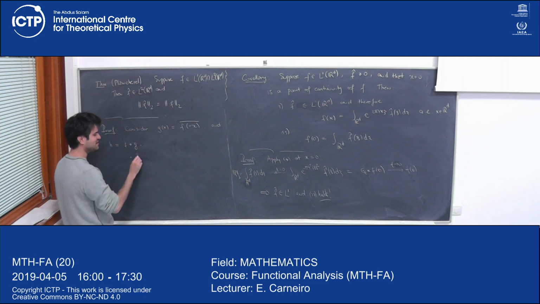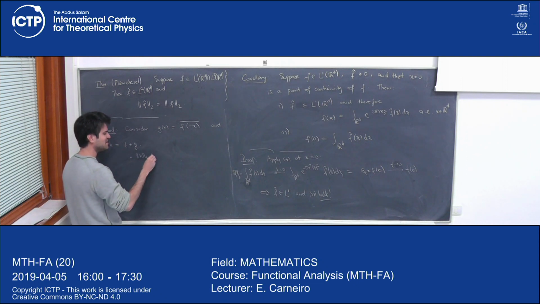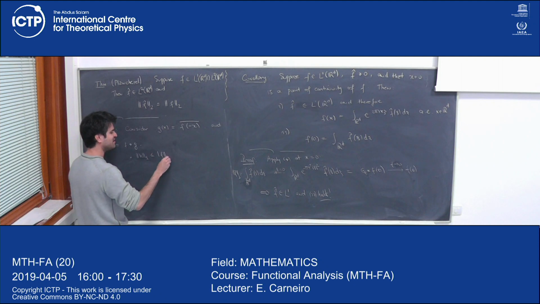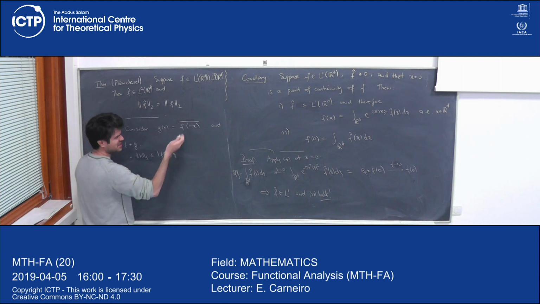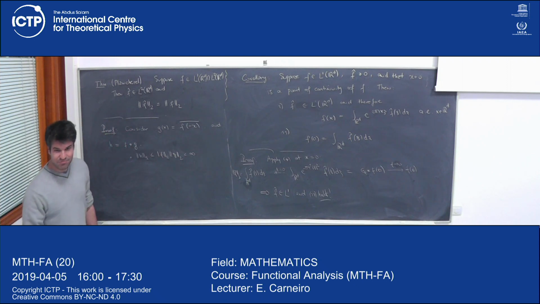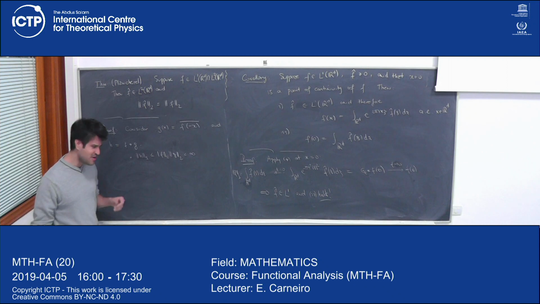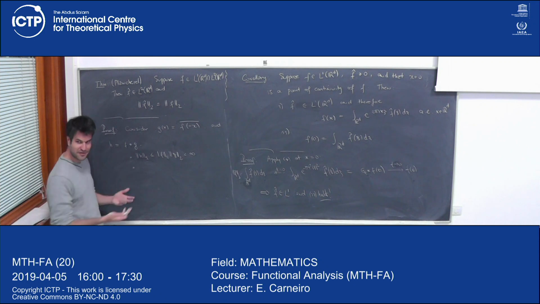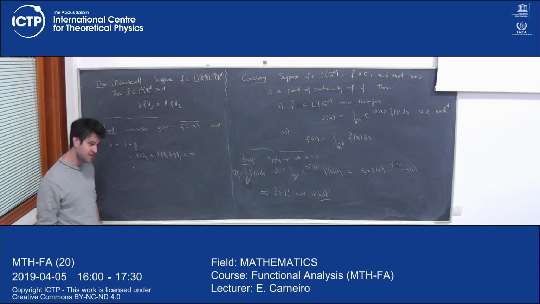So that's good. The L1 norm of h is less than or equal to the L2 norm of f times the L2 norm of g, which is essentially the L2 norm of f, which is finite. So h is in L1. But remember when we proved Young's inequality, we actually proved a little bit more. This was actually an exercise in your first exam. What happens if you take the convolution of two L2 functions? It decays at infinity. That's good, but it's also continuous, right?